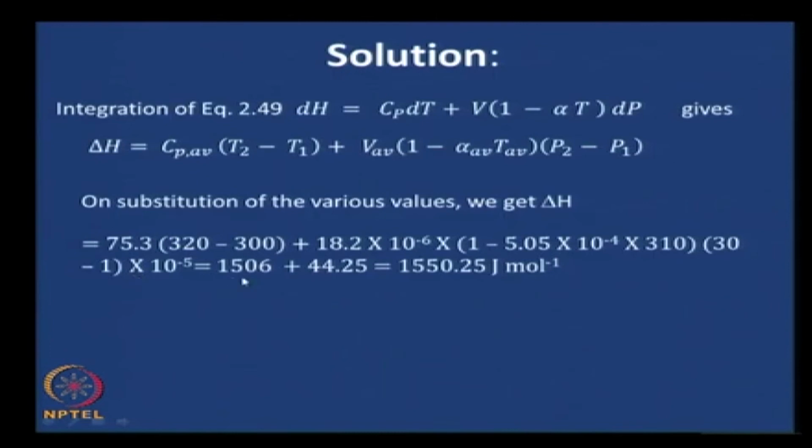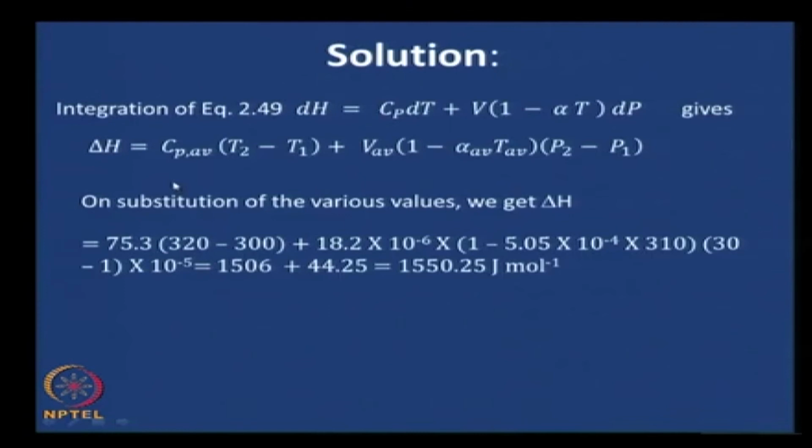So 30 minus 1 into 10 power minus 5 to get it in the consistent set of units. So the first set of values would come down to 1506, the second set of values would come to 44.25.